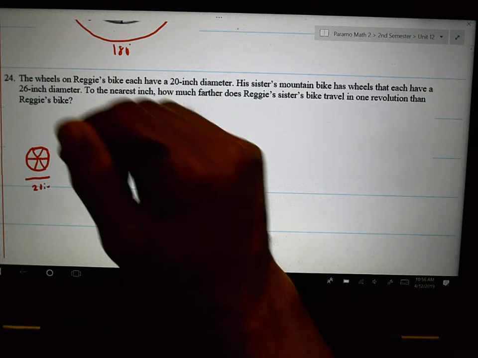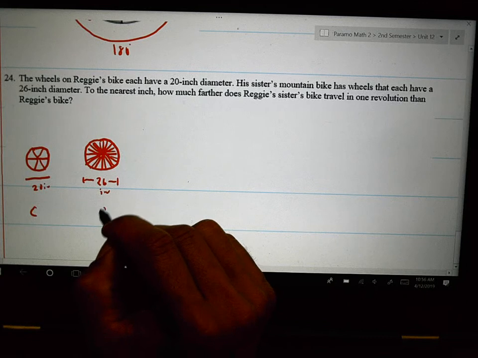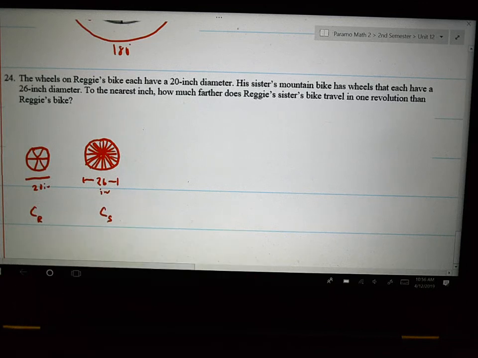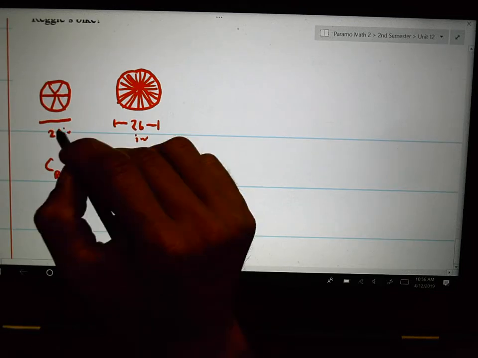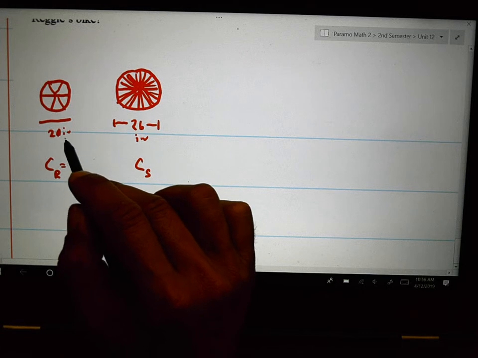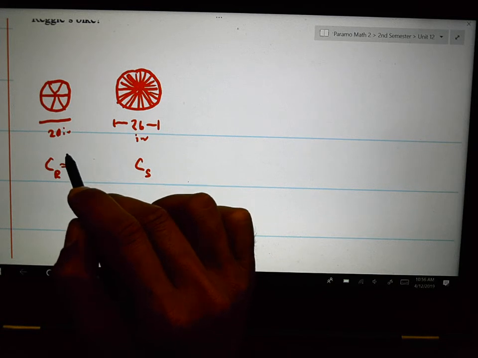Well, I know what the distance on the outside is called. That is called circumference. There's Reggie's, and then there's the sister's. So I'm going to figure out the circumference for Reggie's bike. I have 2 choices, 2 pi r or pi times d. That's a diameter.